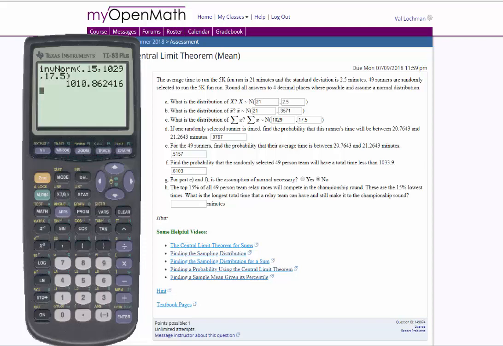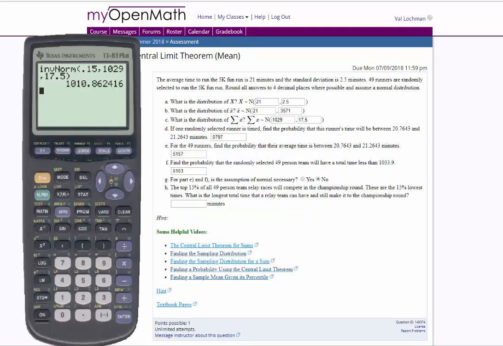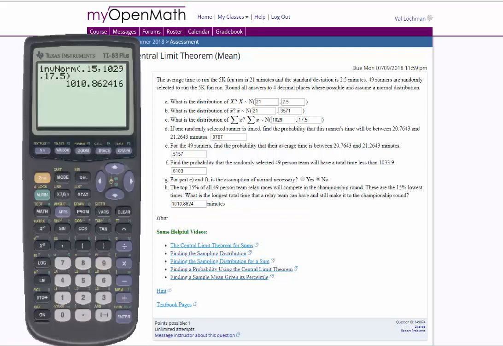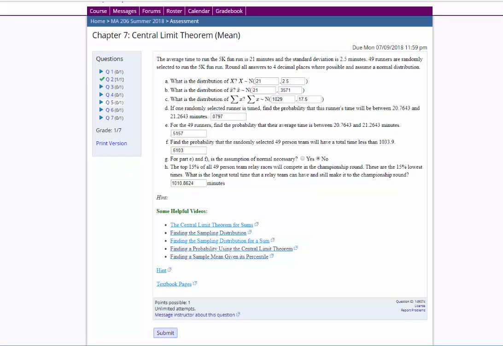Or less than that. So what do they want us to plug in? 4 decimal places. Okay, so 1,010.8624. Let's see, is that right? Okay, that looks good. Let's submit, see what we get.